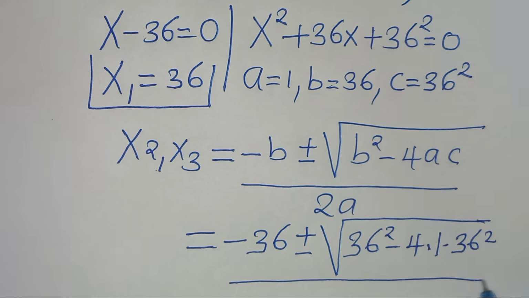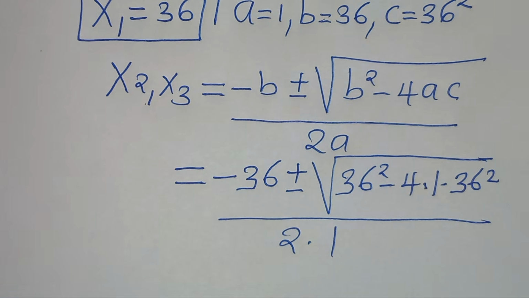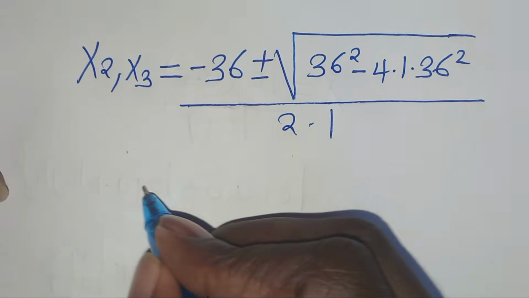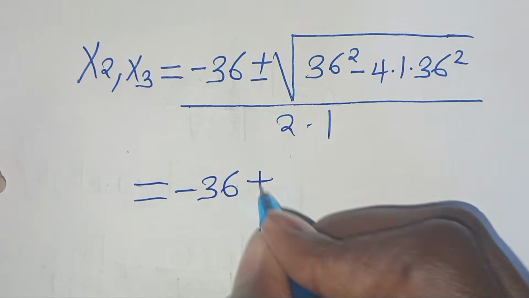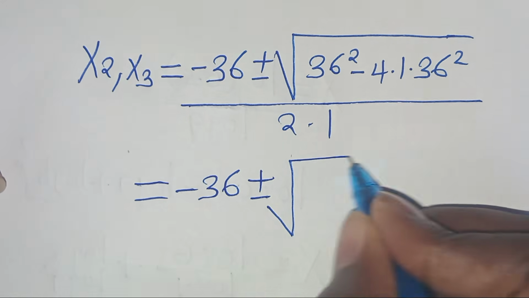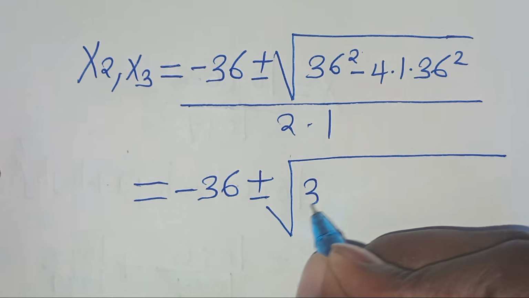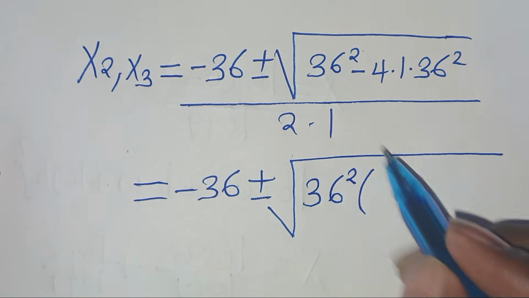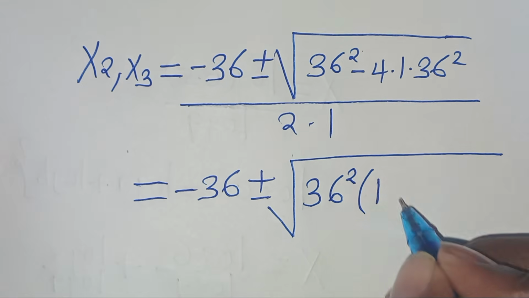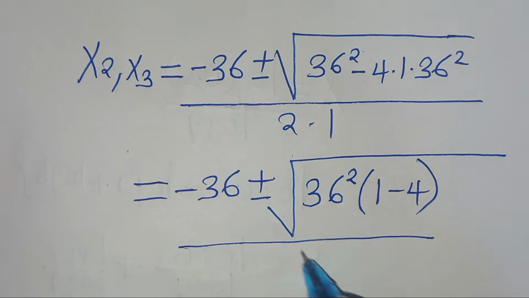Then this is divided by 2 multiplied by 1. Now this implies that here we have negative 36 plus or minus, we have the square root of, now 36 to the power of 2 is common here, so let's factor out 36 raised to the power of 2 into the parentheses. Here we have 1 subtract 4, close the parentheses, then divided by 2.